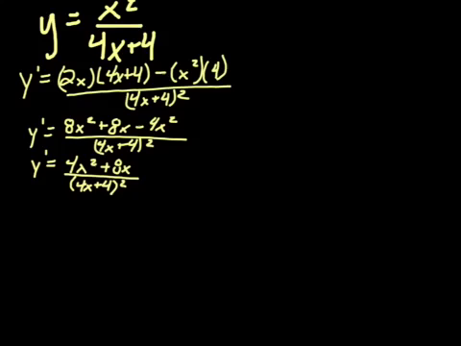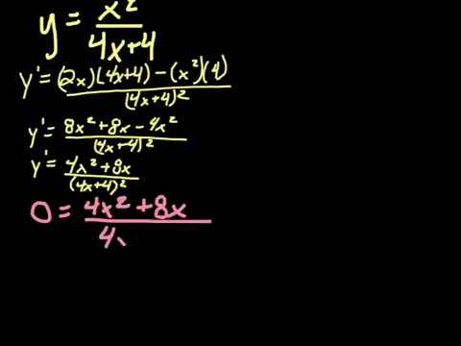Next, we make it equal to 0. So 0 equals 4x squared plus 8x over (4x plus 4) squared. And from there, we can solve for x, and x equals -2 and 0.